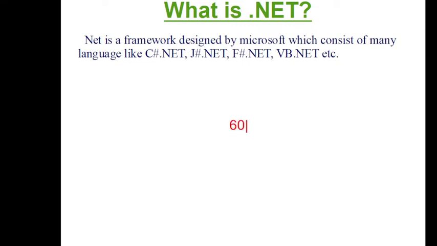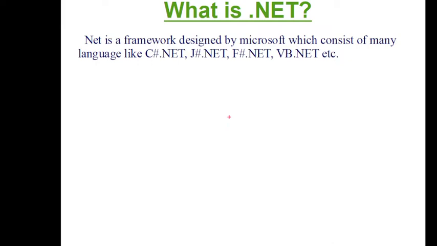We are mostly focused on C#.NET, because among all the languages which .NET supports, C# is the most popular language, and it's widely used by different companies. So we'll be focusing on C#.NET with the .NET Core 6 version, which is the latest one.